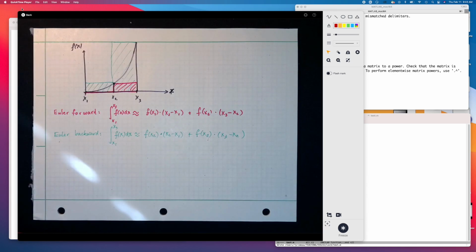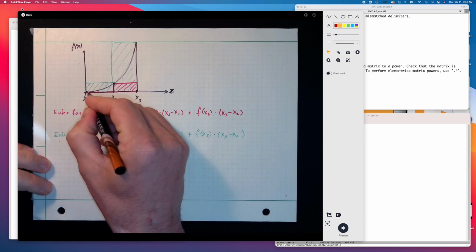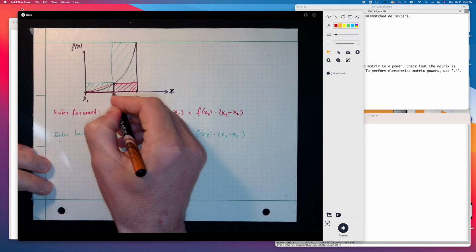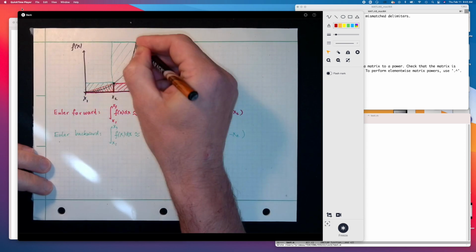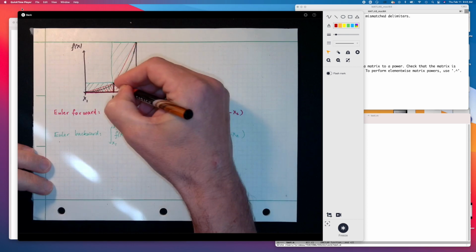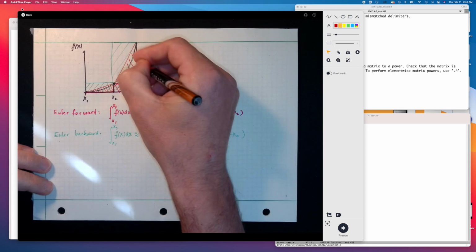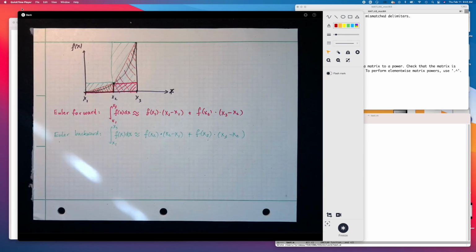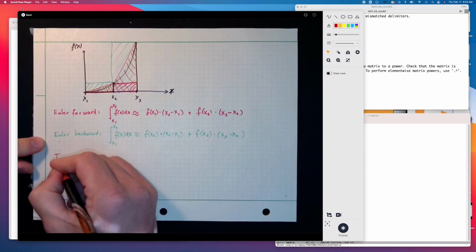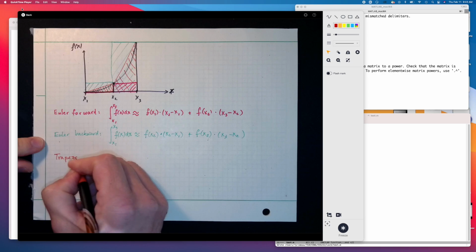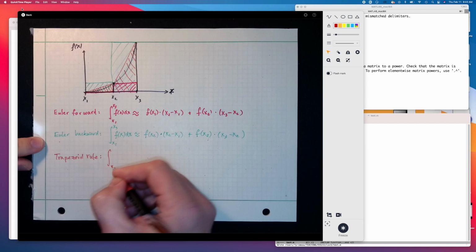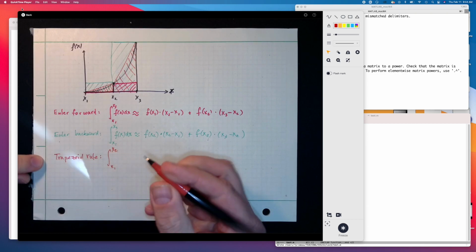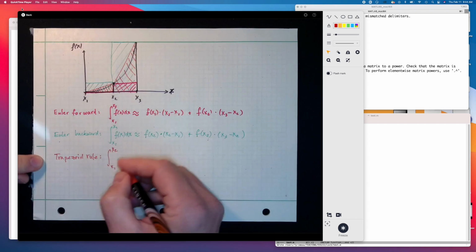And then finally, for the trapezoid rule, we will take the area of the trapezoid over here, this one. So the trapezoid rule is the following: trapezoid approximates x1 to x2. And it's nice I used a gold color because it's going to be much better than these two.